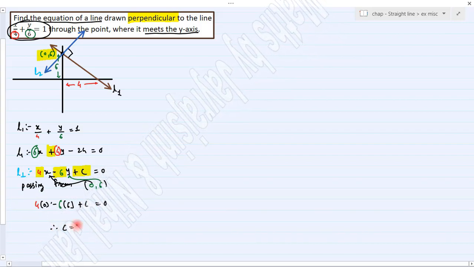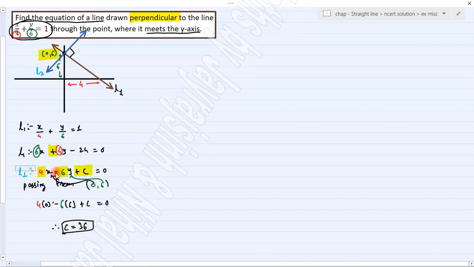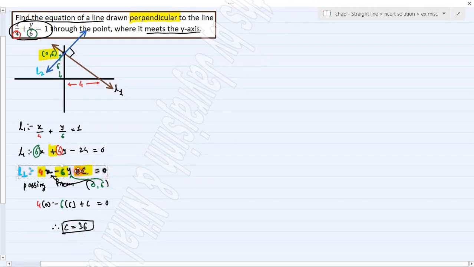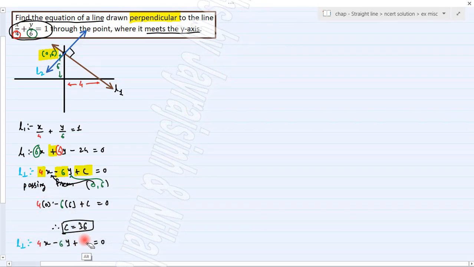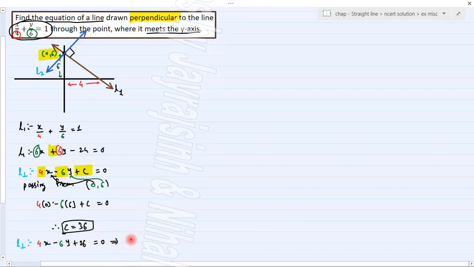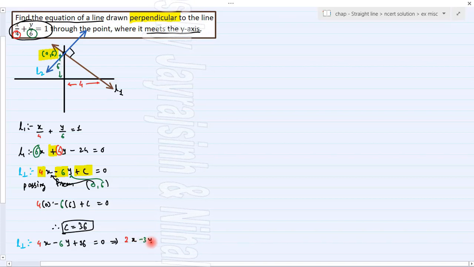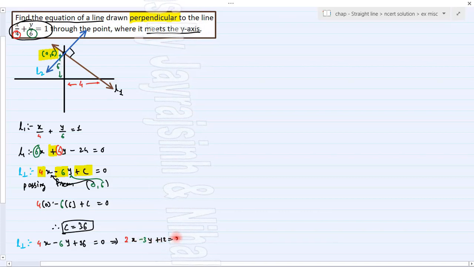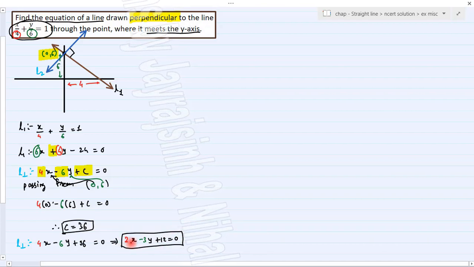Or we can say your c must be 36. We get the value of c. So we can say our required equation of line will be 4x minus 6y plus 36 equal to 0. Or if we take 2 common, we will get 2x minus 3y plus 18 is equal to 0.